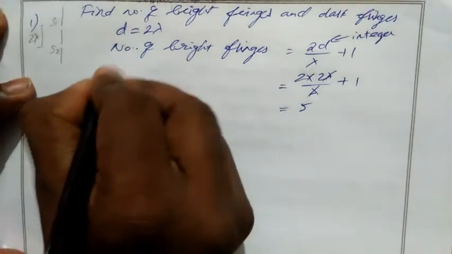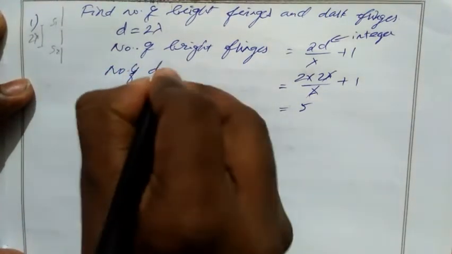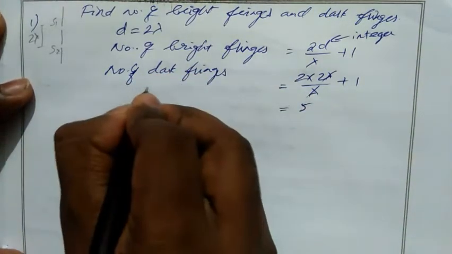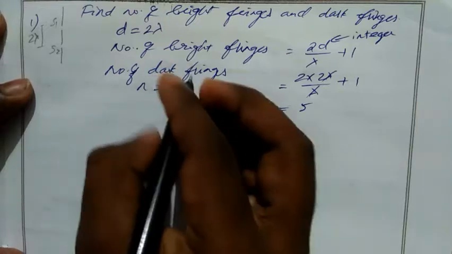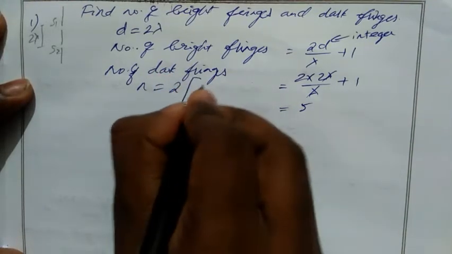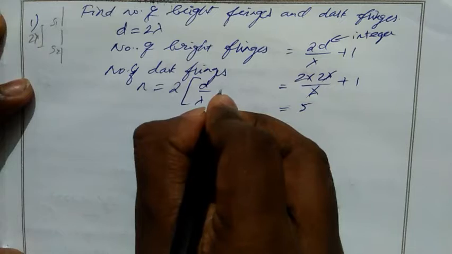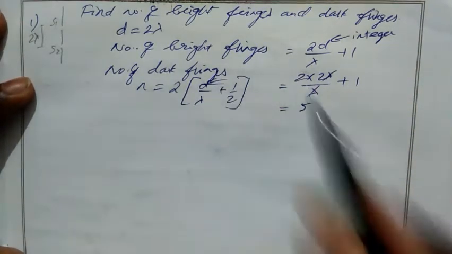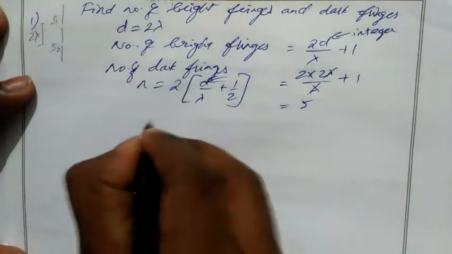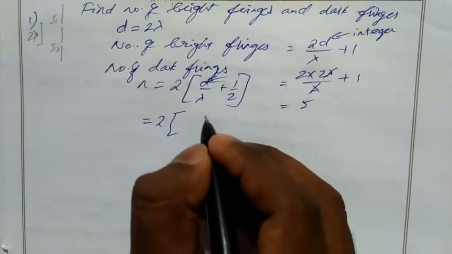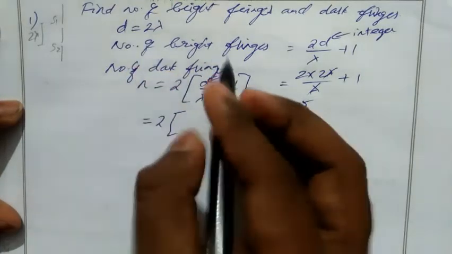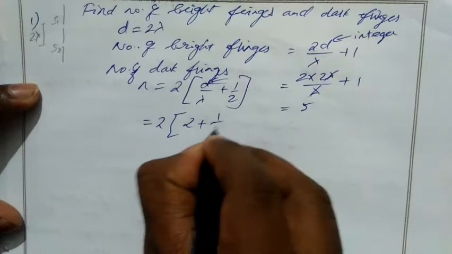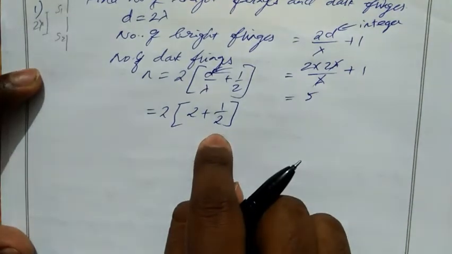The number of dark fringes. What is the formula? N equal to 2 of (d by lambda plus 1 by 2). This inside value should be an integer. The value of d is 2 lambda. So 2 lambda divided by lambda, lambda gets cancelled. Then we have 2 plus 1 by 2, and 1 by 2 is 0.5.